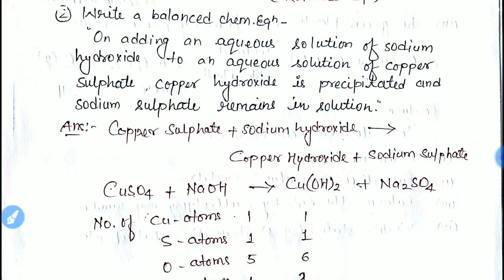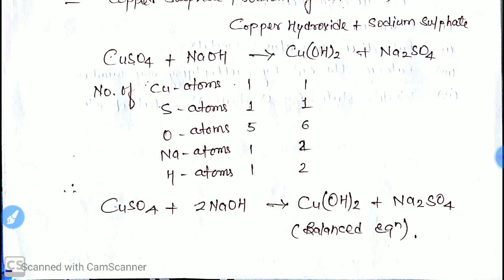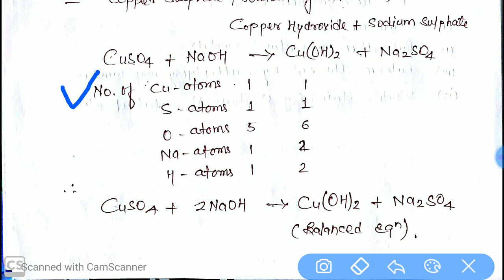Now compare both sides. See, on the left side the number of copper atoms is 1, and on the right side it is also 1. So this is balanced. And sulfur atoms: on the left side there is only one atom in copper sulfate, and on the right side there is also one atom in sodium sulfate.